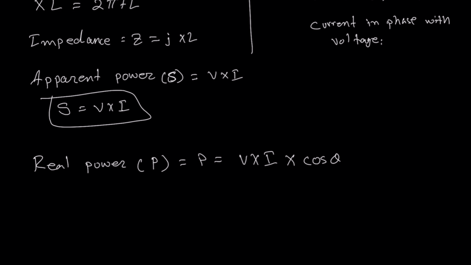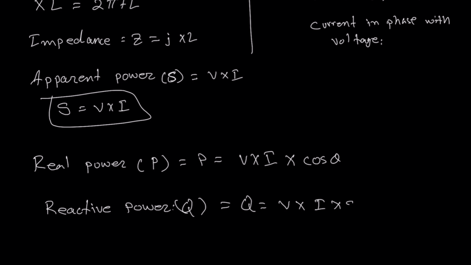And now we have reactive power, which we call Q. Q will be equal to voltage times current times sine of theta. Okay, so those are all the formulas for that.